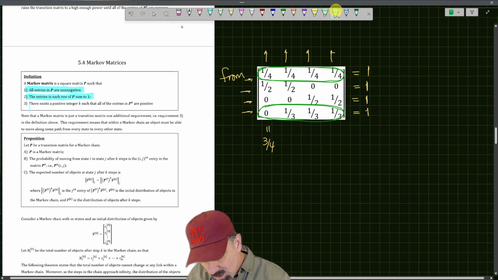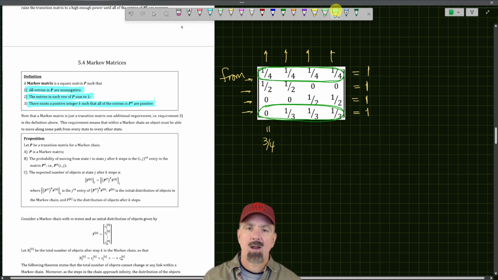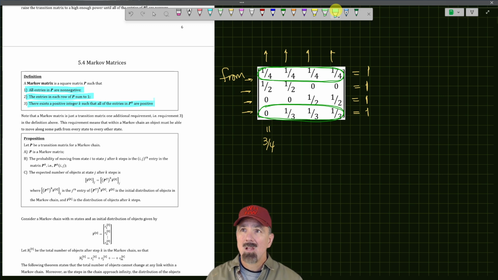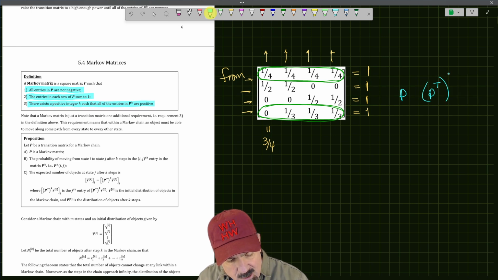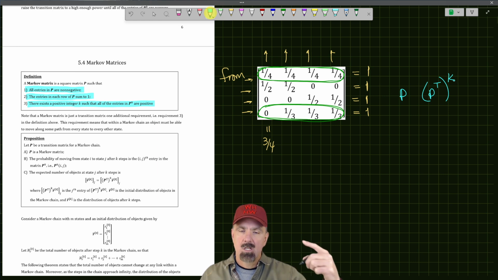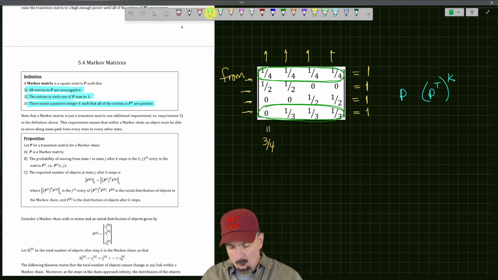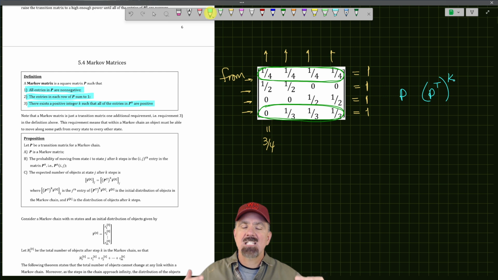So the last condition is, and this is the one that's a little bit more difficult perhaps to understand, but what it says is that when we are taking our P or P transpose, it doesn't matter, and we're raising this to higher and higher powers, so we're building our Markov chain, there has to be some K, some number of applications of moving around the system such that all the probabilities are non-zero.